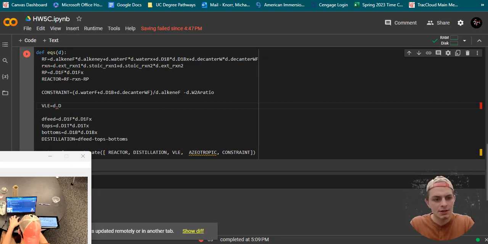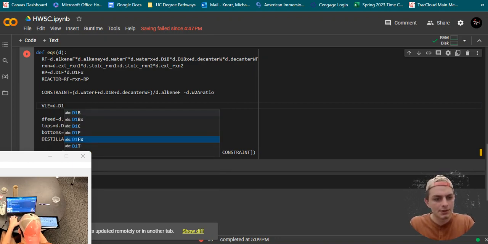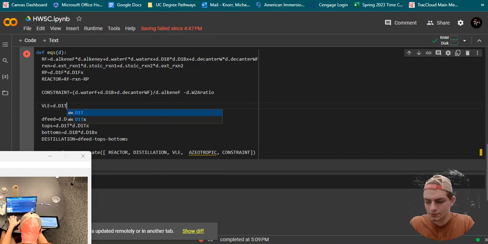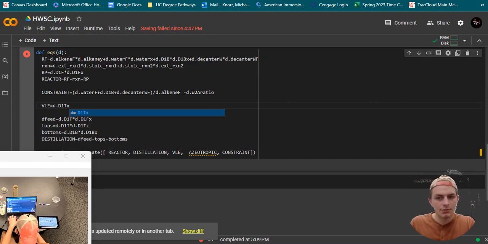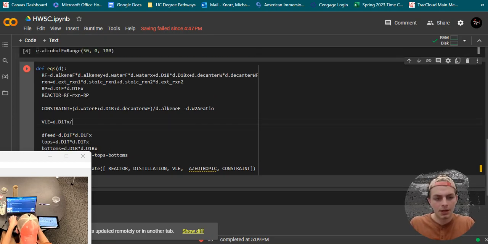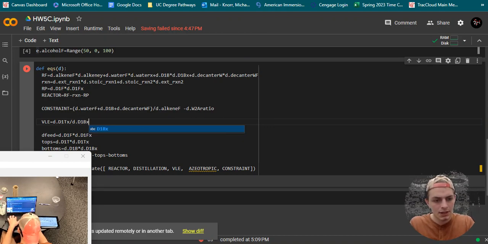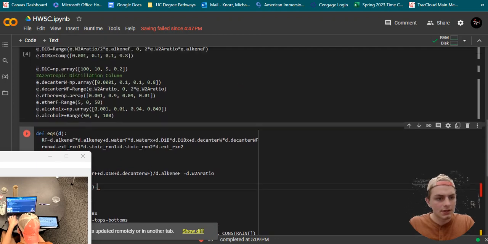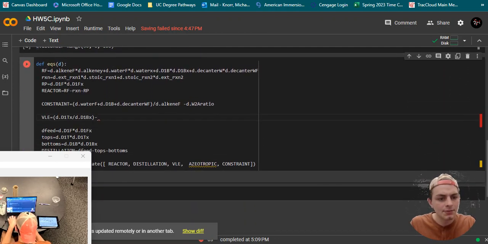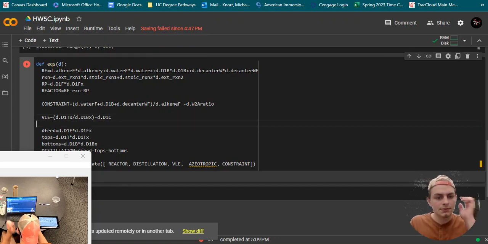So D1 tops, and mole fraction ratios over the bottoms, D dot D1 bottoms X, and from that we will subtract our constant, which I called D1C constant.